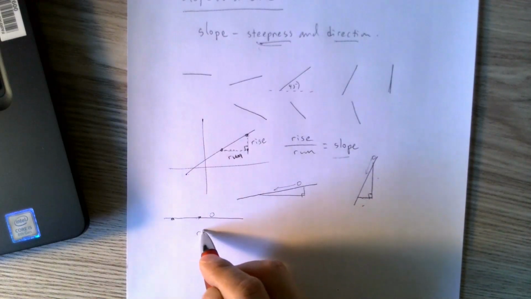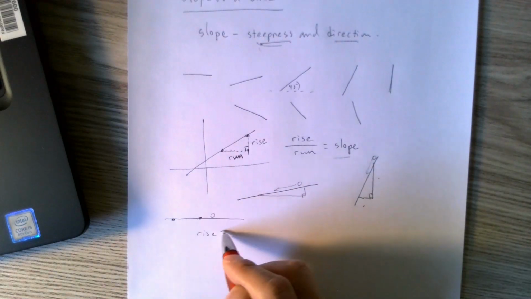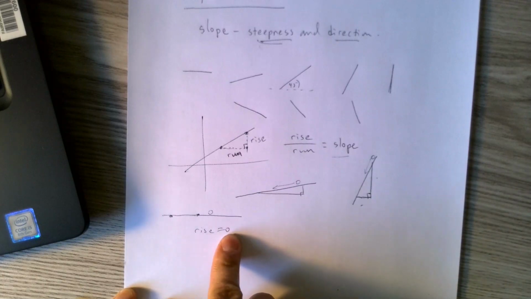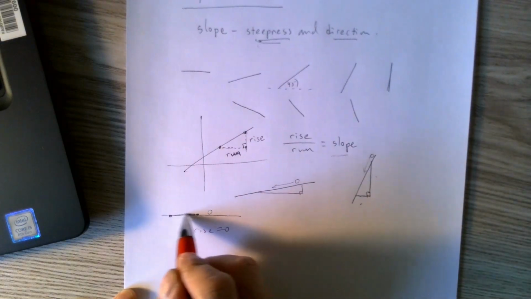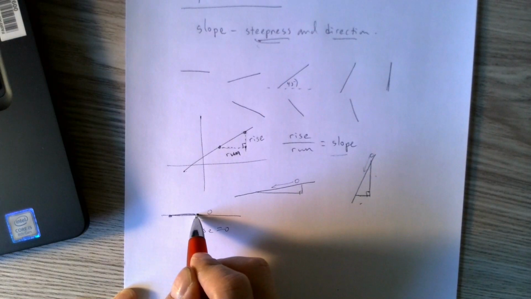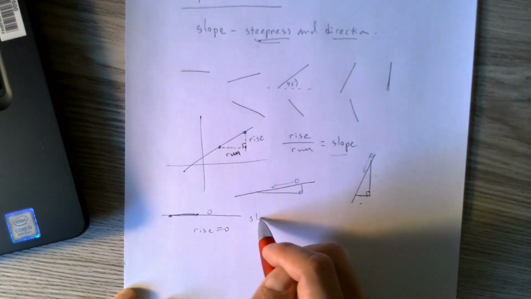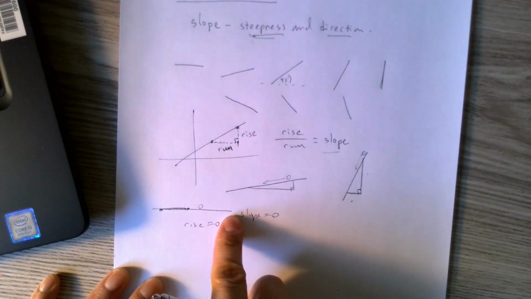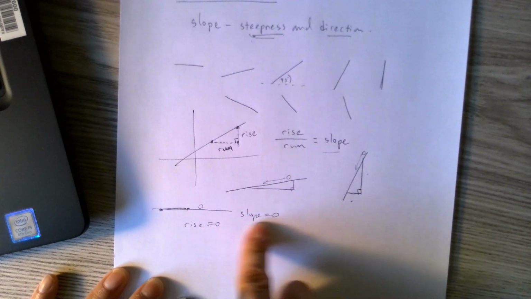So the rise here is 0. If the rise is 0, and then the run is some number that's the distance between these 2 points, then that means the slope is going to equal 0 here. Which kind of makes sense. If a horizontal line has no steepness to it, you would expect that the slope is 0.